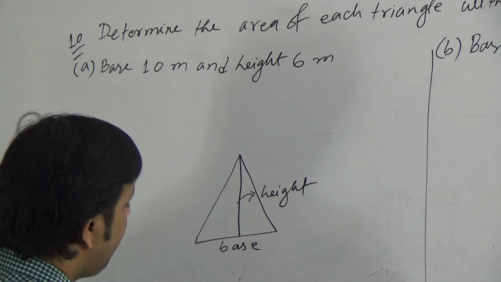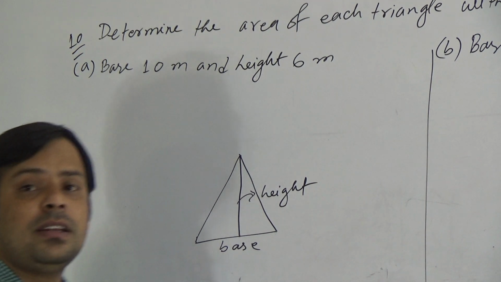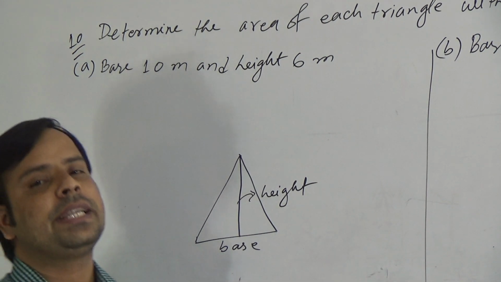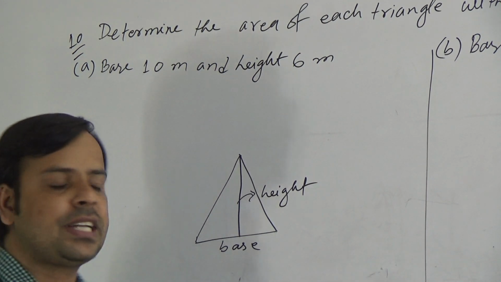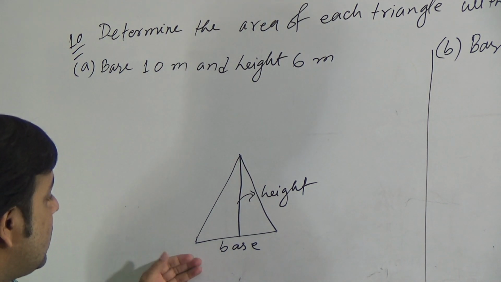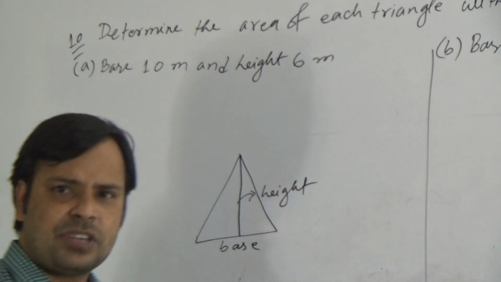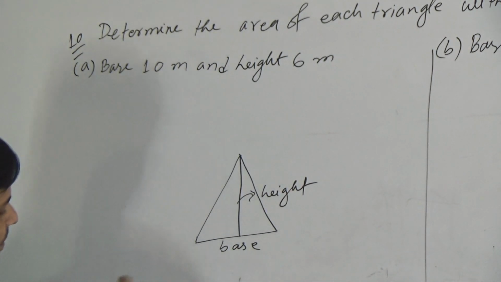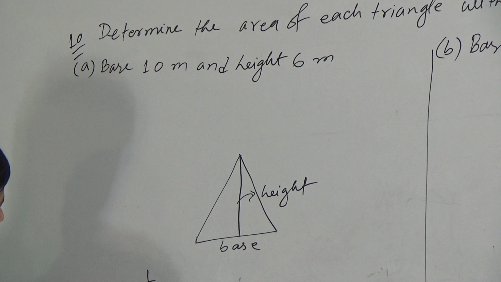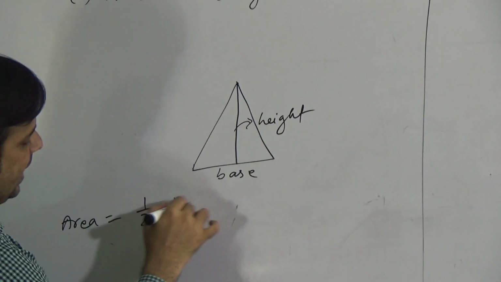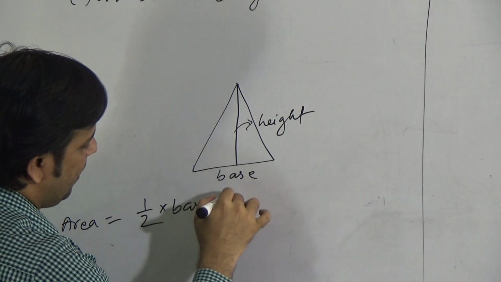When the base and height of a triangle are given, then we can determine the area of the triangle easily, as the formula for determining the area of any triangle is: area equal to half into base into height.